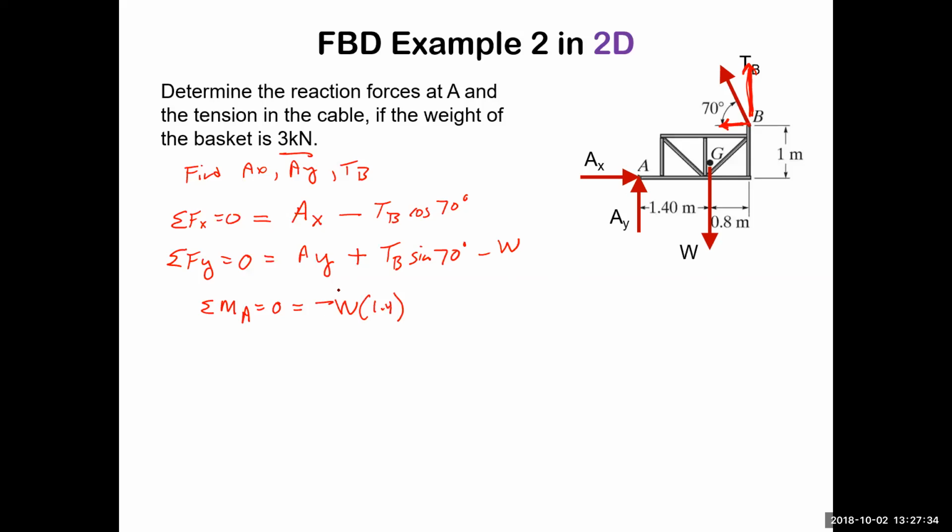Yep. Okay, Manuel, another moment about A. Yeah, TB sine of 70, that's the vertical part, times 2.2, that's the distance to A. Positive or negative?